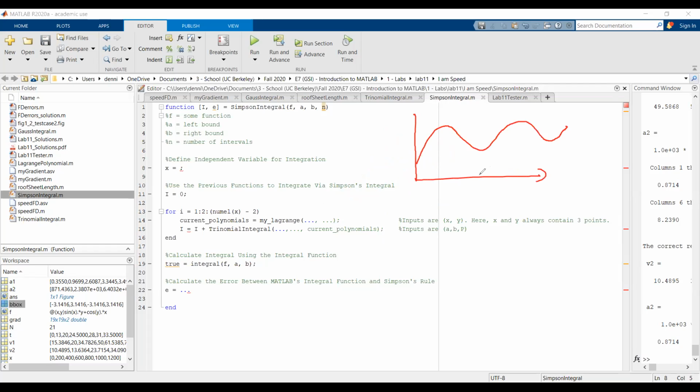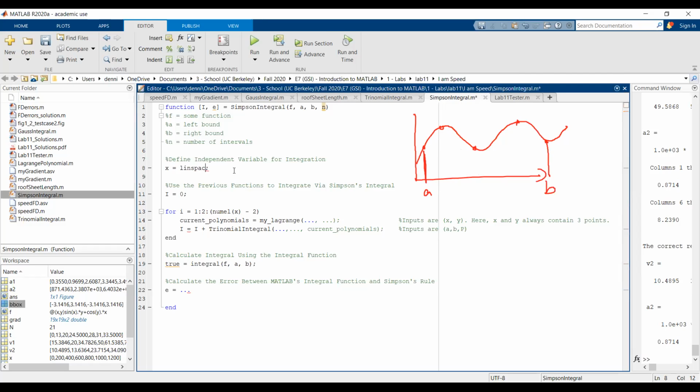We're going to subdivide it into n intervals. Let's start at A and end at B. So our x's are going to be, let's say we want to take this point, this point, this point, this point, and this point. Let's use our trusty friend linspace, from A to B, those are our bounds, and the number of points that we want.